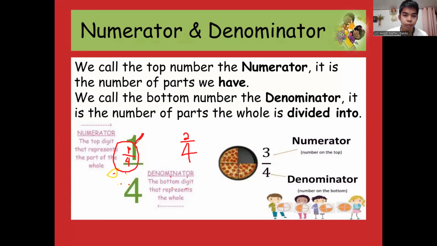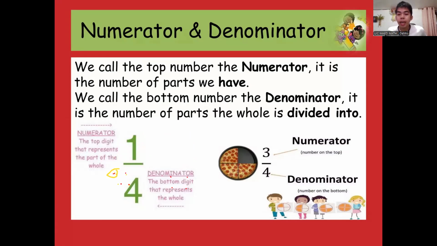And then the bottom number is the denominator. It is the number of parts the whole is divided into. That's our denominator. Numerator, the top digit, represents the part of the whole. Don't forget that it represents the part of the whole. And the denominator, the bottom digit, represents the whole.